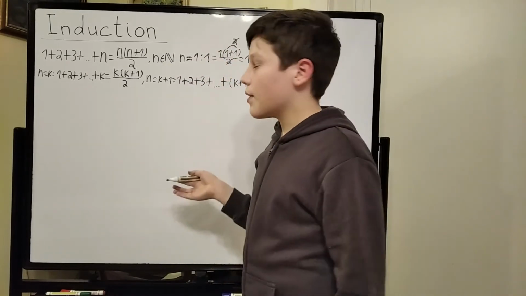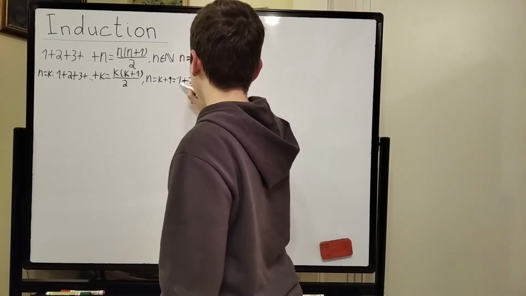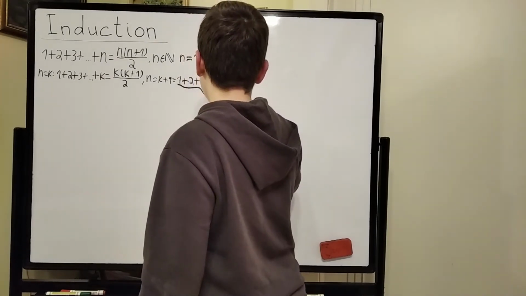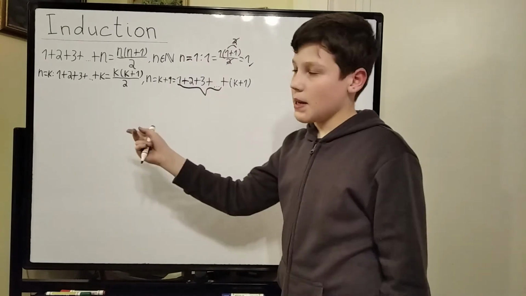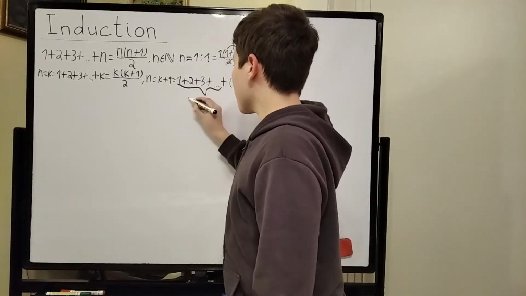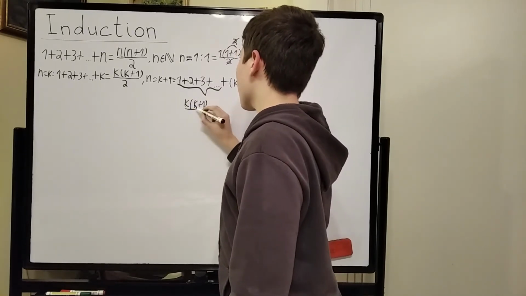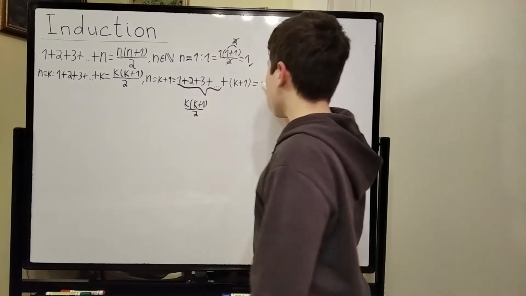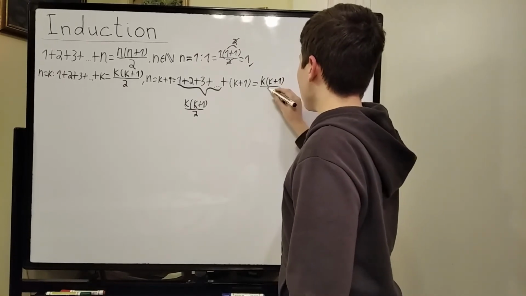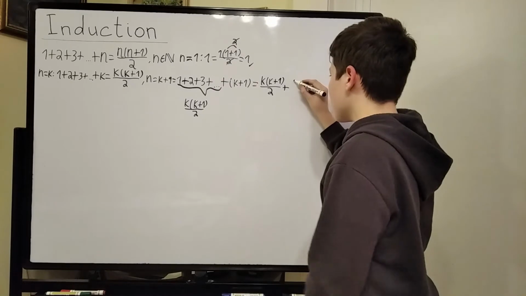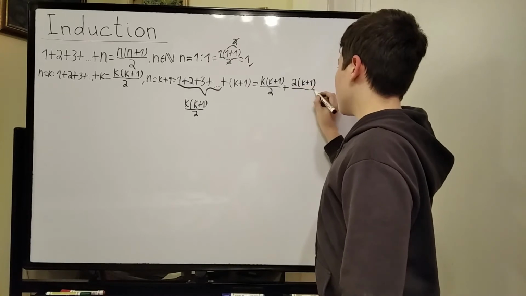So notice that the rest of these parts of the sum, except k plus 1, are all just this sum, 1 plus 2 plus 3, all the way on to plus k, which by our assumption is k times k plus 1 over 2. So we have k times k plus 1 over 2, and then I'll write k plus 1 as 2 times k plus 1 over 2.